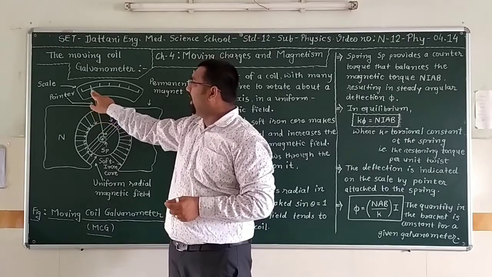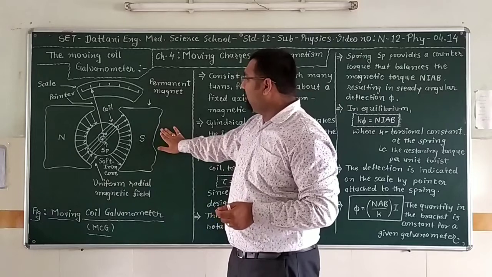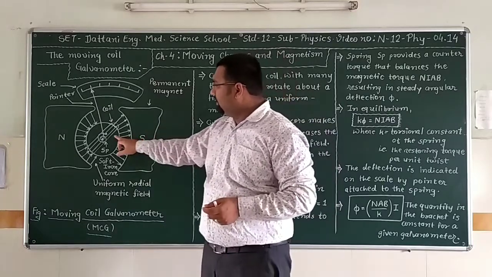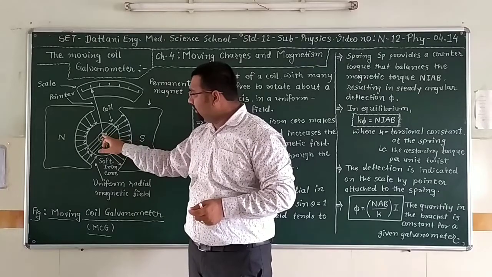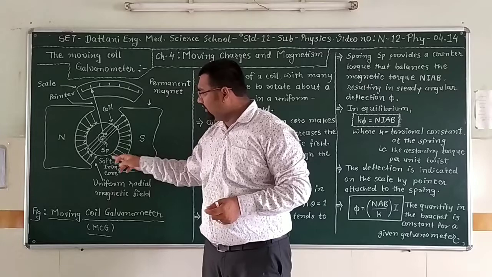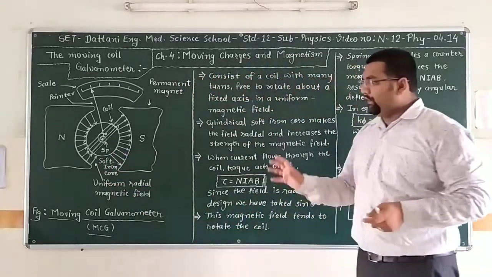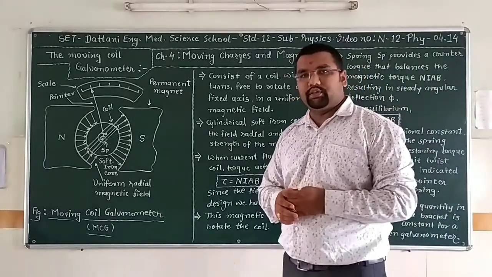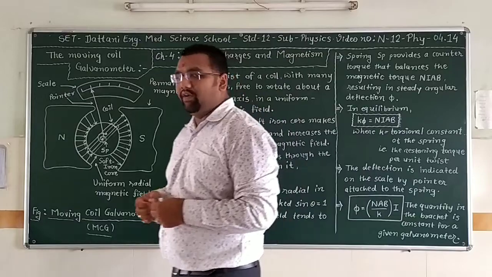We can find here the value of current or voltages. This is our permanent magnet, this is our coil, and there is a spring. This is our soft iron core, this is the uniform magnetic field, and the field is in a radial direction.